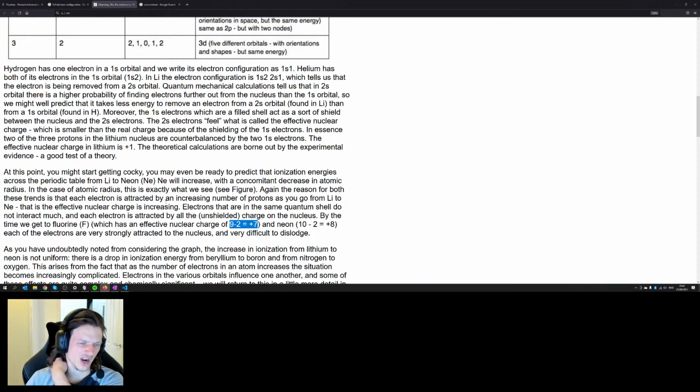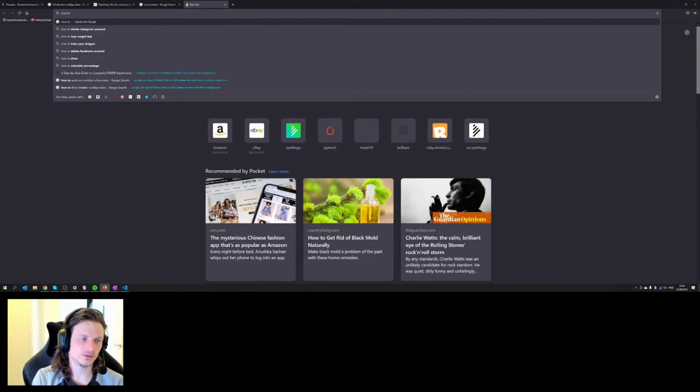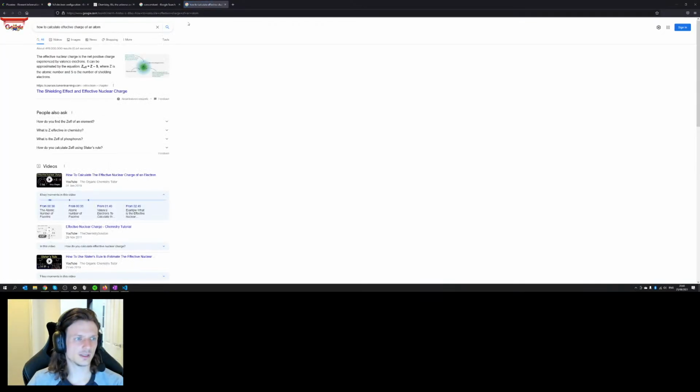Effective nuclear charge of 9 minus 2. How to calculate effective charge of an atom. The effective nuclear charge is the net positive charge experienced by valence electrons.